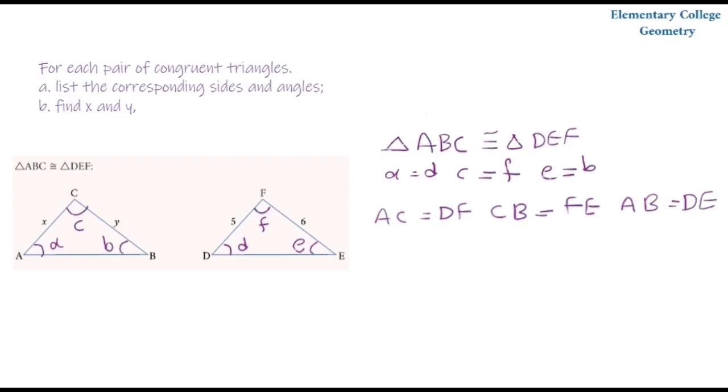So AC equals X and DF equals 5. So X equals 5 and CB equals Y and FE equals 6. So the side of Y equals 6 and AB equals DE.